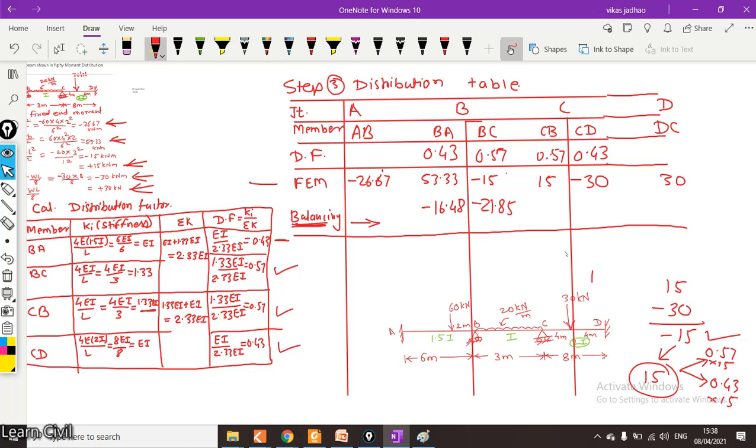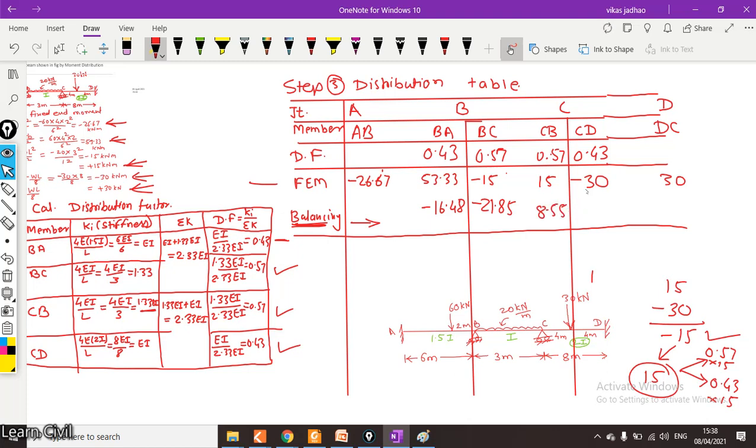So we'll get the balancing moment here, 15 into 0.57, which will be 8.55 kilonewton meter.